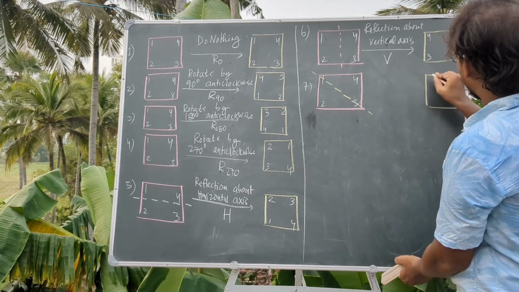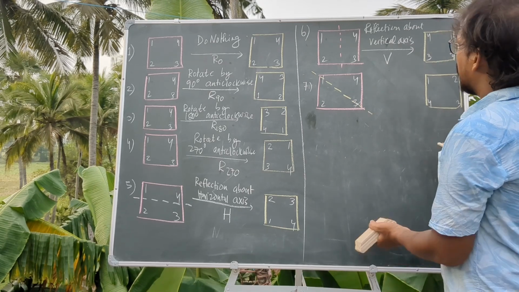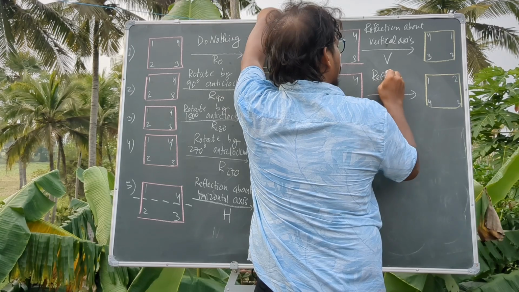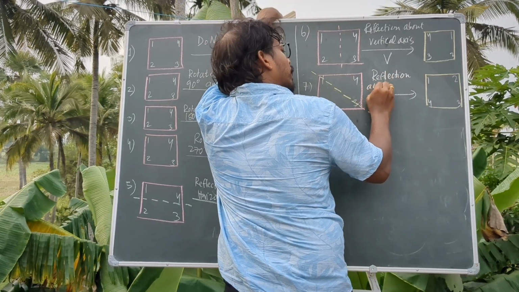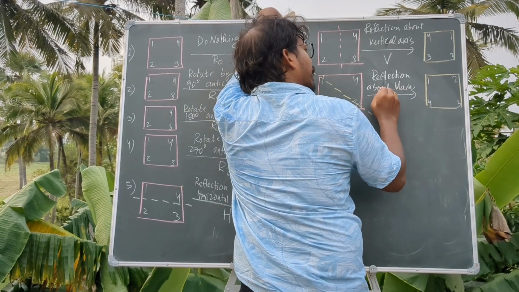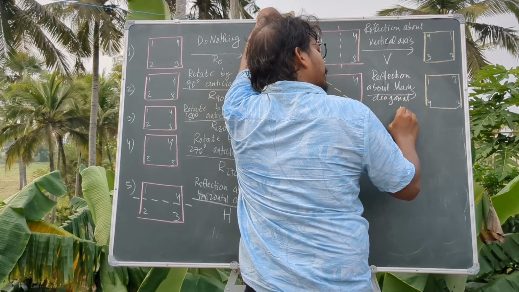So this is 1, this is 3, and 4 will be here, this is 2. And this is reflection about the main diagonal. Let us name this motion as D.